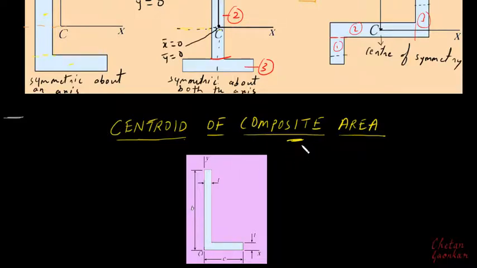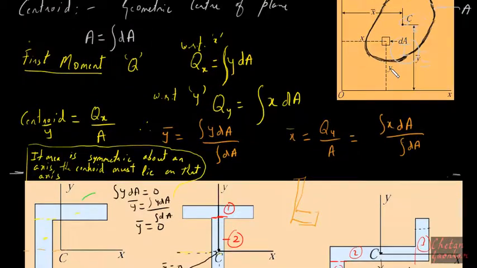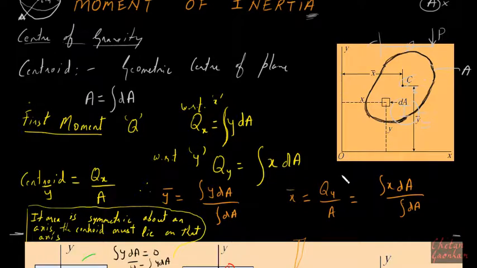Let me again remind you that this L section is neither symmetric about the x-axis nor about the y-axis. Fine. Now, for the earlier figures the reference axis was located here, and with respect to this reference axis our plane was placed.